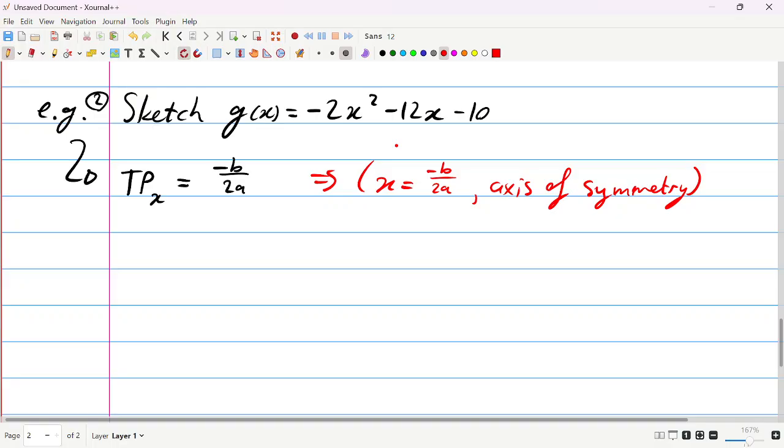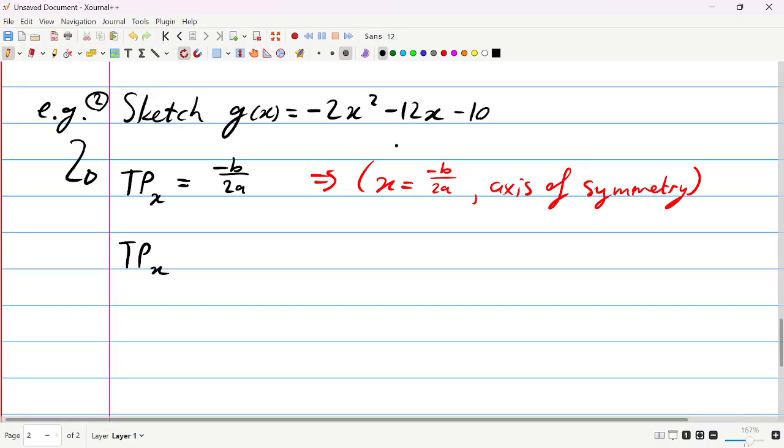Obviously, this is actually just a line, right? And it doesn't have any asymptote because it's a second degree polynomial, and it's a polynomial in general. So this is essentially how we're going to find our turning point x. And then how to find our turning point y.